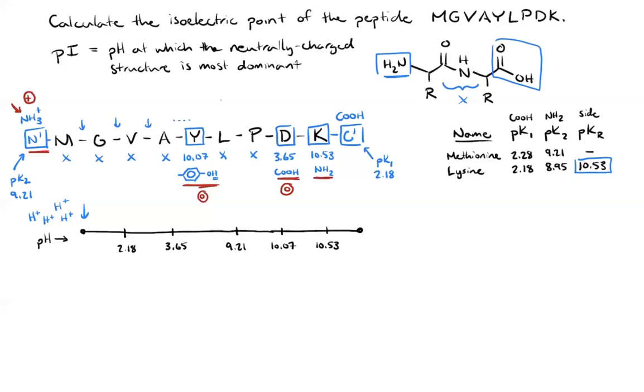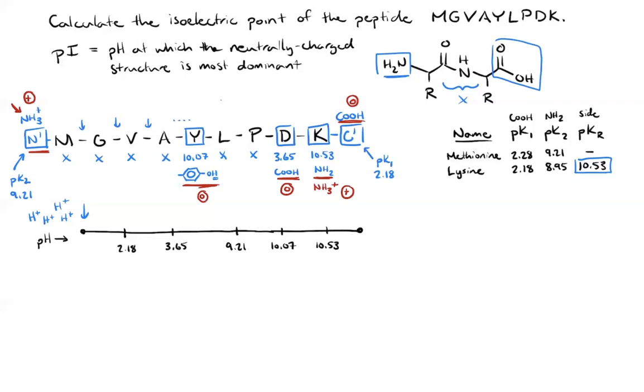Here again with lysine, as we move to the right, lysine has an amino group as well. So its structure is actually going to look like this. It'll be an NH3+. That gives us a positive charge overall. And then finally, we have one last carboxyl group, which is our C terminus, right? And that one is also going to be neutral because protonated carboxyl groups are always neutral.